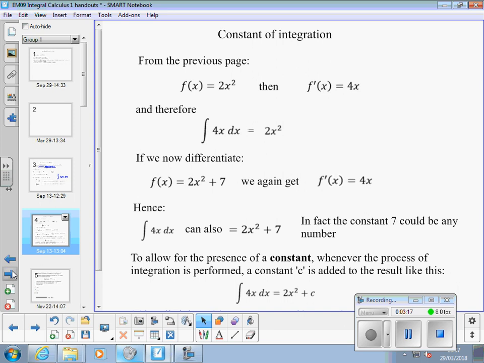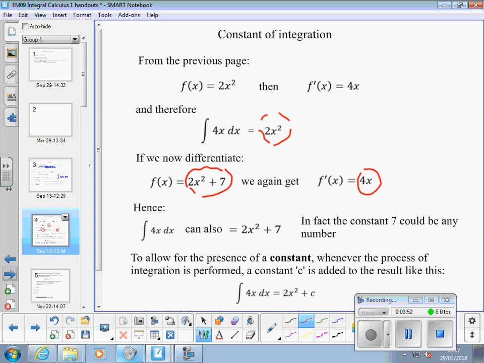When we integrate, we go back to 2x squared. Completely different functions with the same differential, going back to 4x.